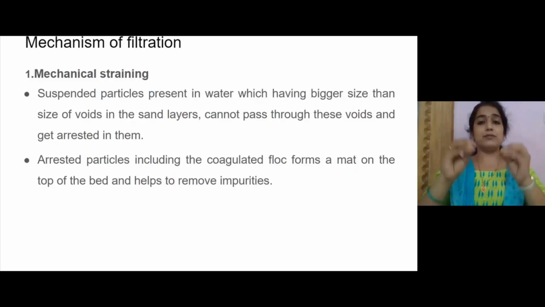The particles which have a size greater than the size of the voids cannot pass through the filter media, that is the sand media, and will be trapped on the top surface of the finer sand media or the filtering media. All the particles greater than the size of the voids are removed through this mechanical straining process. This is the first mechanism happening in the filtration process.